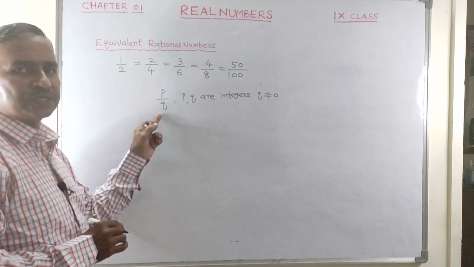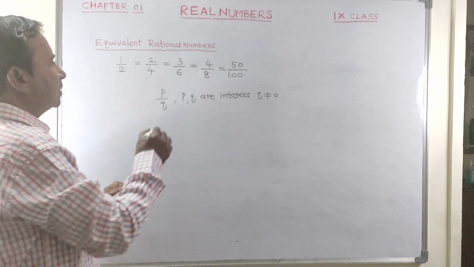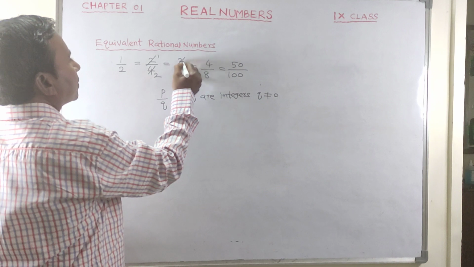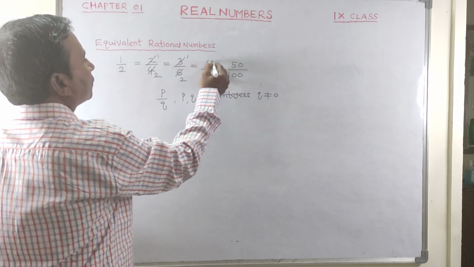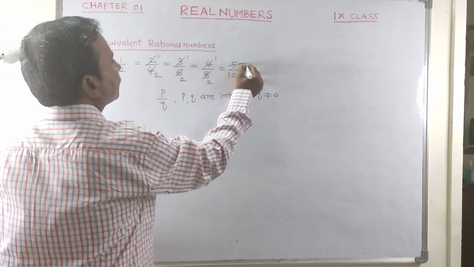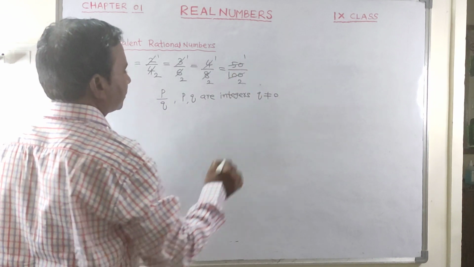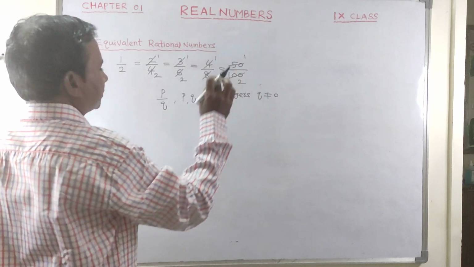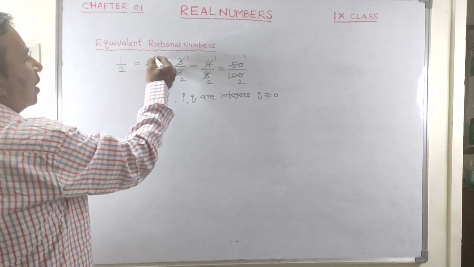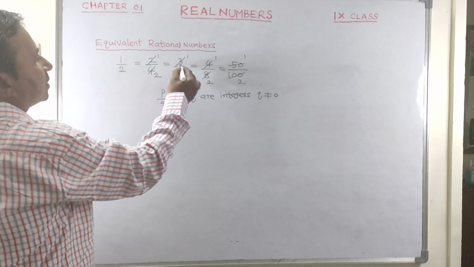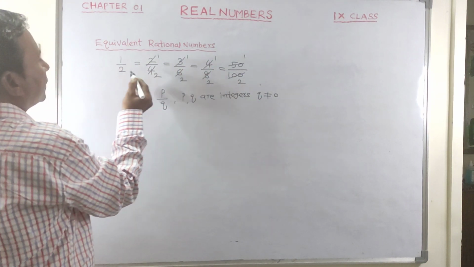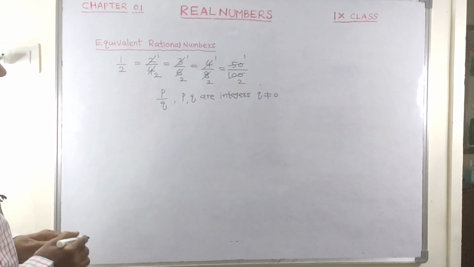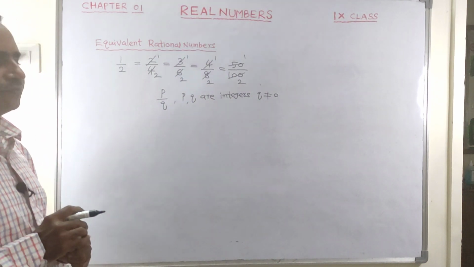See, 2 ones are 2, 2 twos are 4, 3 ones are 3, 3 twos are 6, 4 ones are 4, 4 twos are 8, 50 ones are 50, 50 twos are 100. We have represented it in different ways, but after simplifying every fraction we get 1 by 2. So by that we can say they should not contain any common factor.